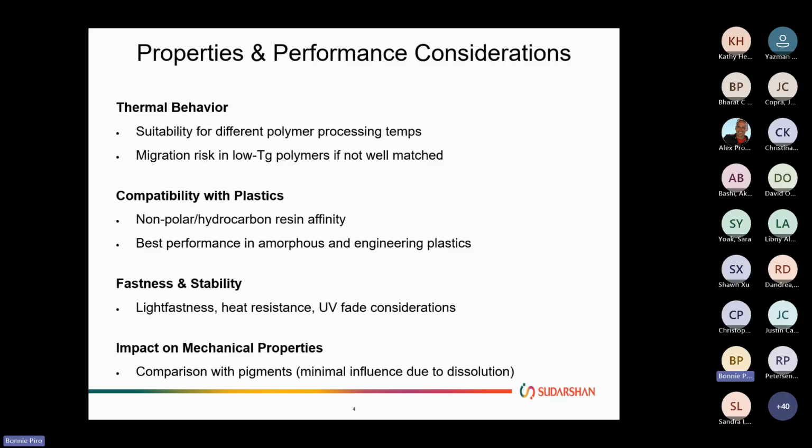I already spoke about fastness and stability, but one thing about exterior or UV fade considerations: just like in pigments, they will have different reactions to UV in terms of fade.